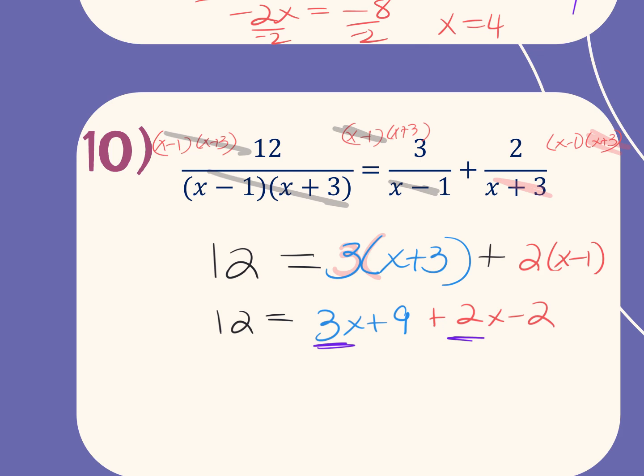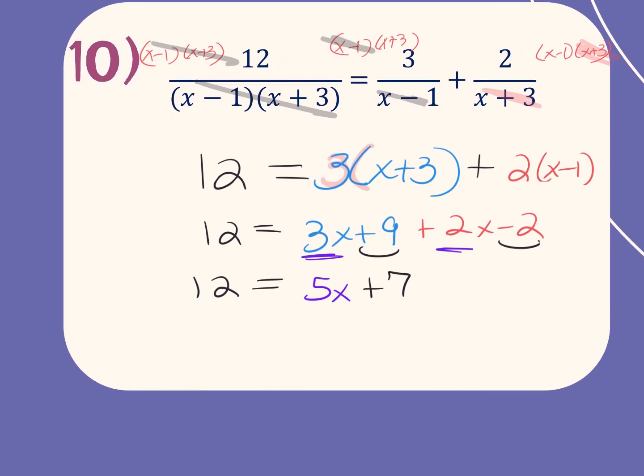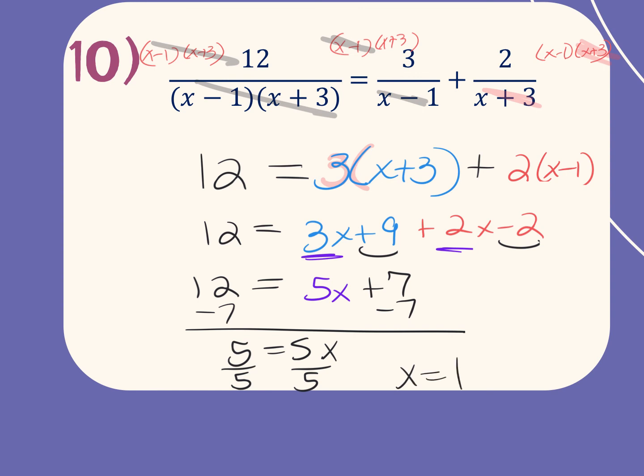So 3x plus 2x is 5x. And then I can also combine my 9 minus 2, and I get 7. And now I need to get x by itself by subtracting 7. And I get 5 equals 5x. Divide by 5, x equals 1.